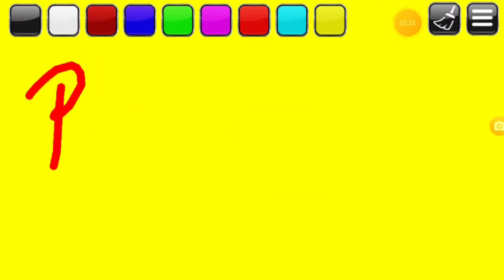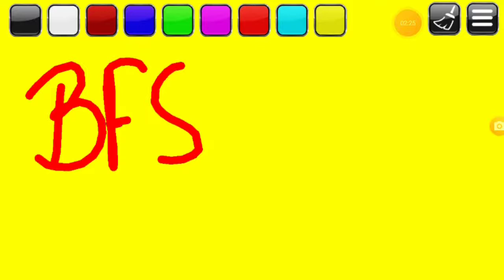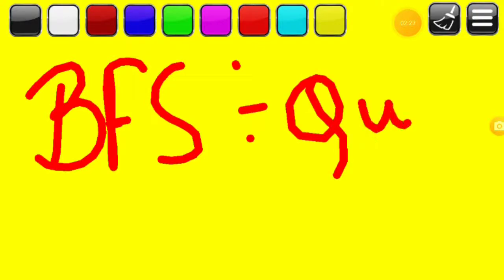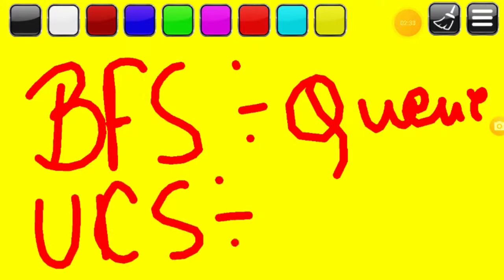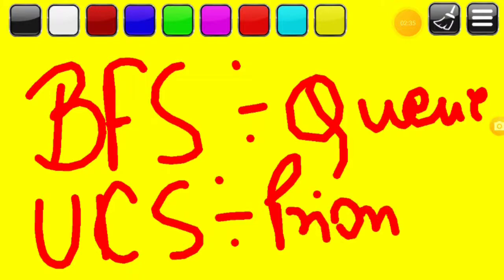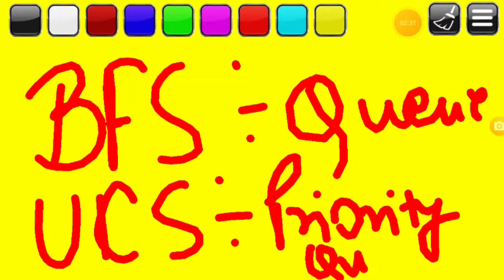BFS uses the queue data structure, and uniform cost search uses the priority queue. So uniform cost search is just equivalent to BFS if the path cost of all the edges is the same.